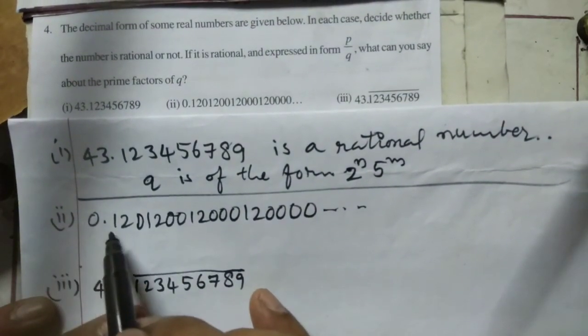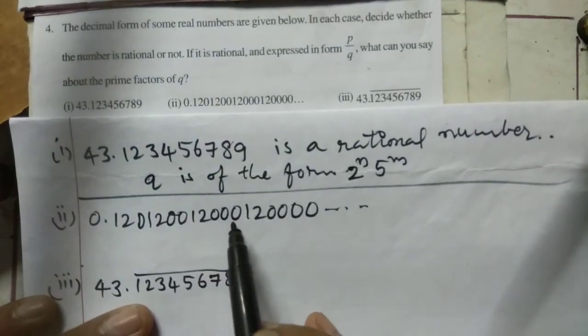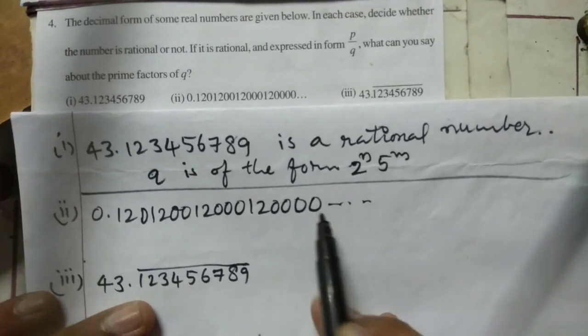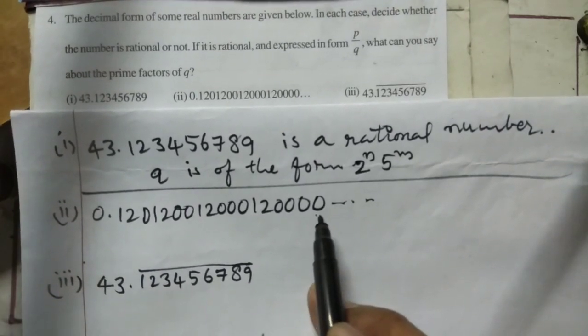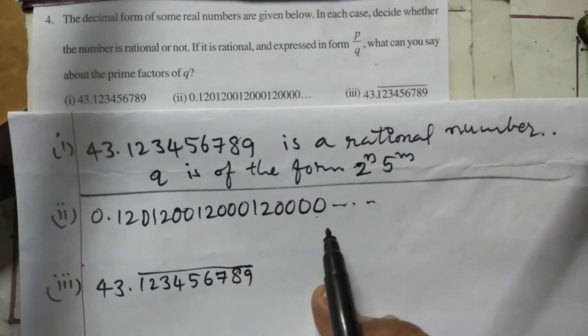Second one, 0.121200120000120000. It is neither terminating nor repeating.